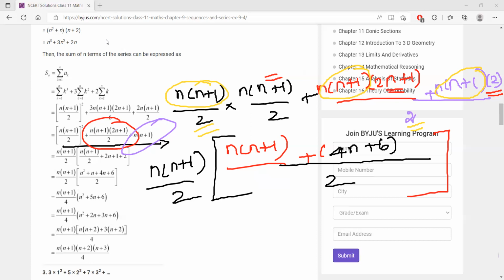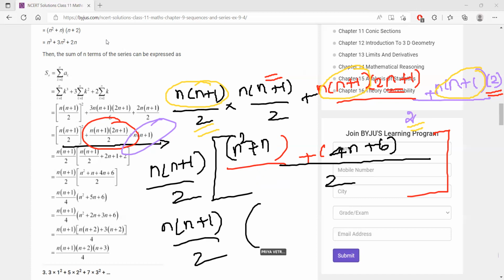So this n into n plus 1 can be written as n square plus n. I'm just multiplying the n inside, which is n square plus n, just to add all of them. So now all of them are addition. So n square plus n plus 4n plus 6 could be written as n square plus 5n plus 6 divided by 2.